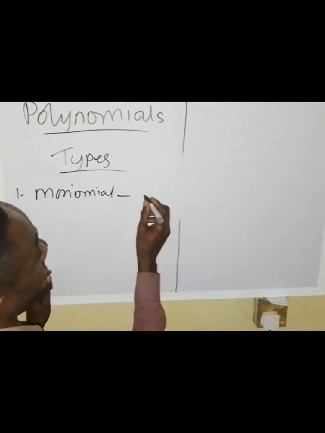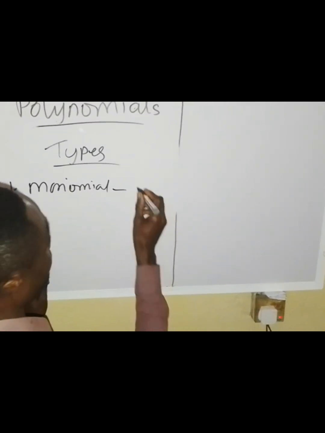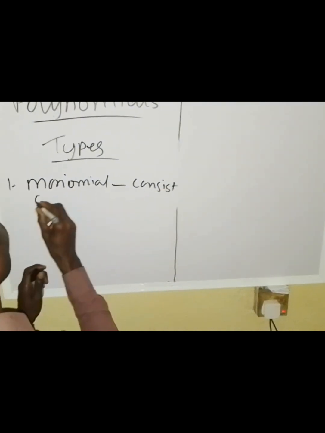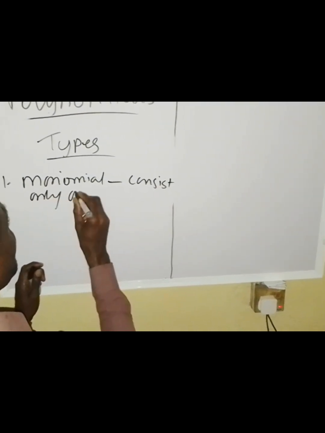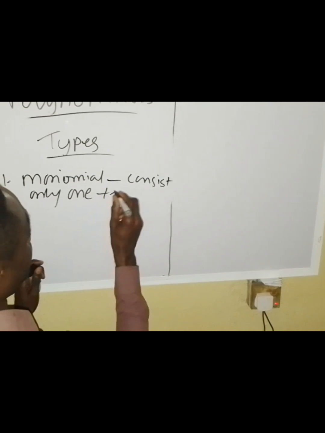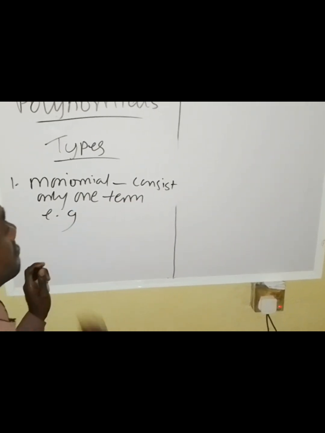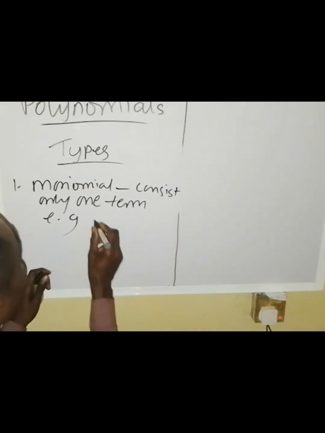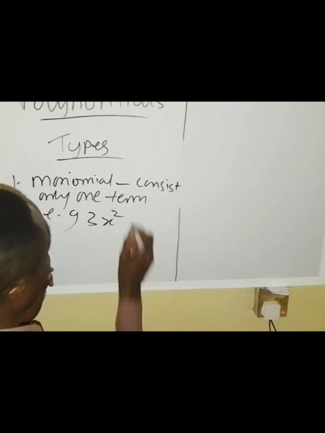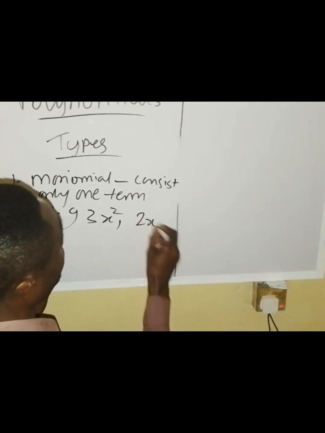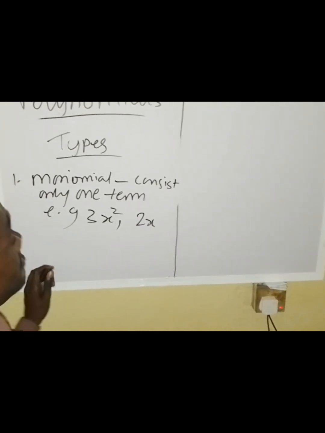So in this case, it consists of only one term. For example, we have 3x squared, comma, we have 2x. So this is an example of monomial expressions.